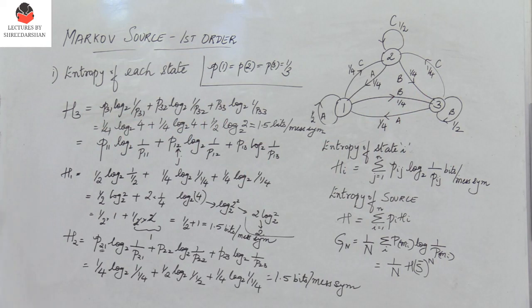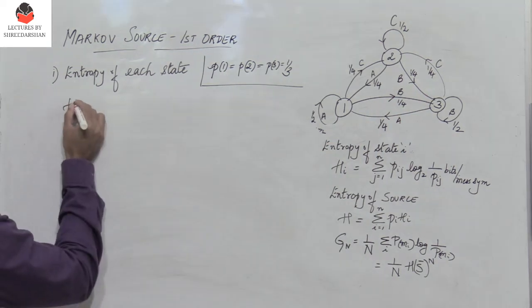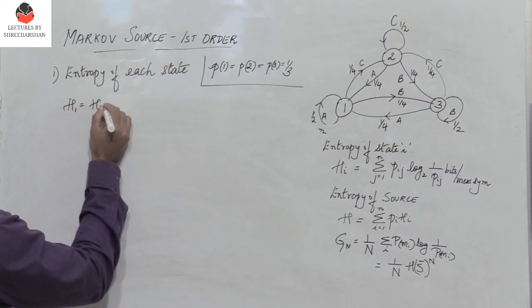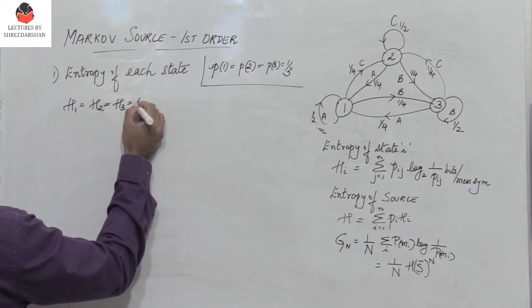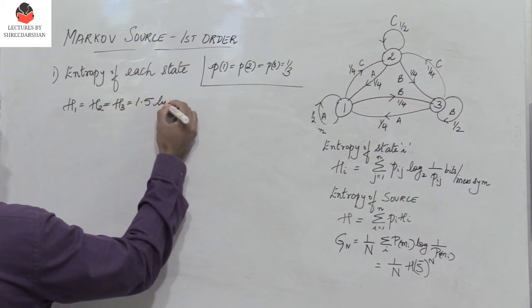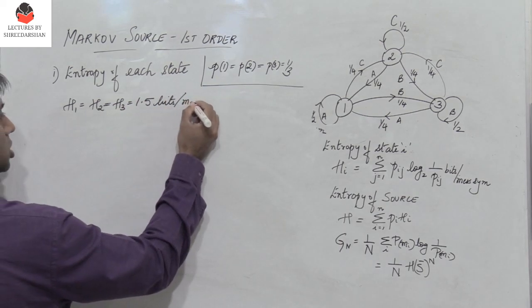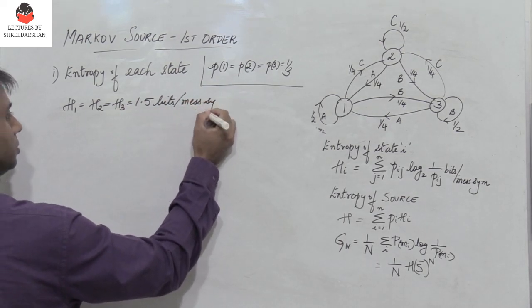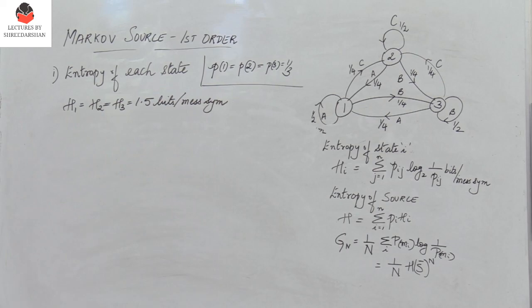So let me write it in this way. H1 equals H2 equals H3 equals 1.5 bits per message symbol. So this is the first part of the question.